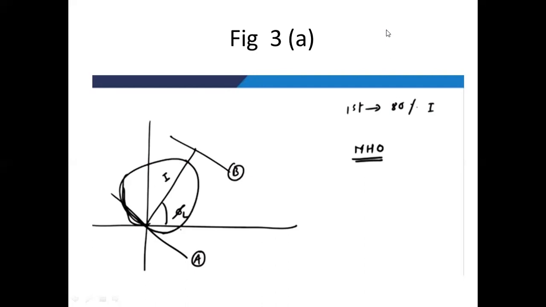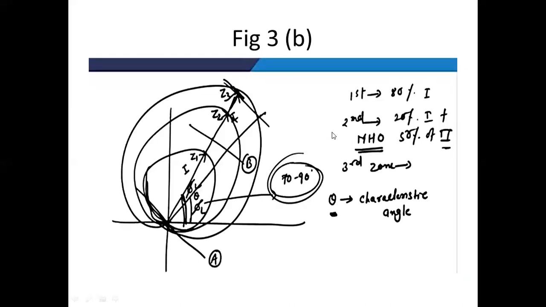Now if we have another adjoining line section like this, the second zone of the distance relay covers the remaining 20% of the first section plus 50% of the second line section. So it starts again from here, and you can take 50% of this section.